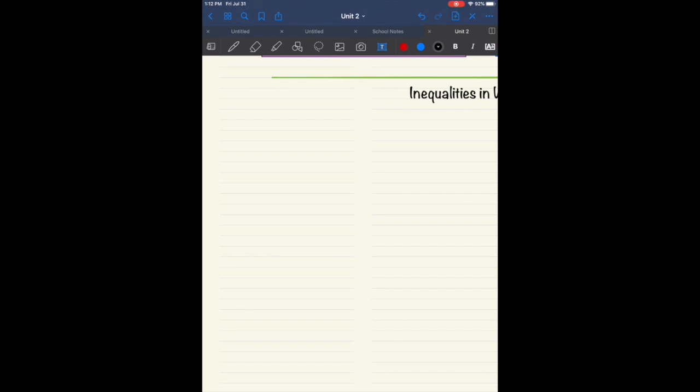So the instructions for this section are to write inequalities to represent statements. So if it says that on your homework, this is what you're doing.